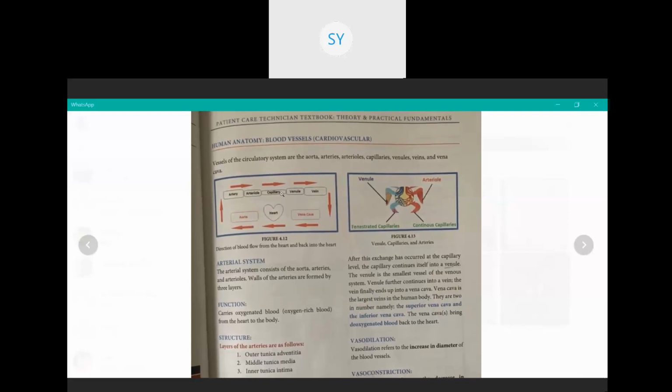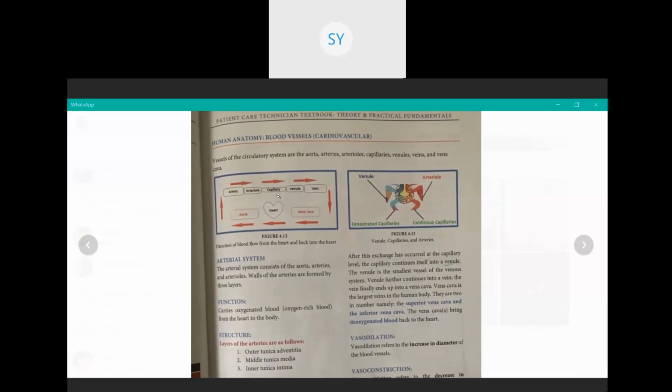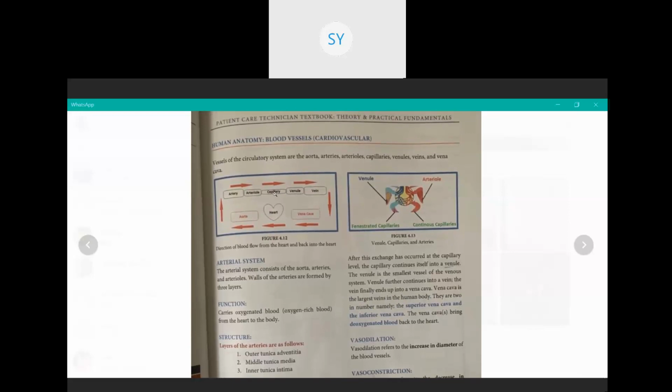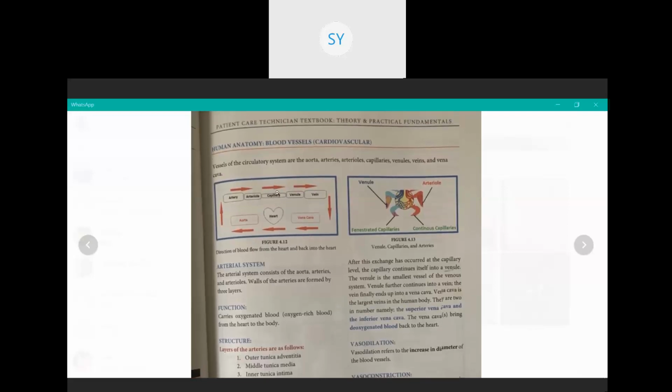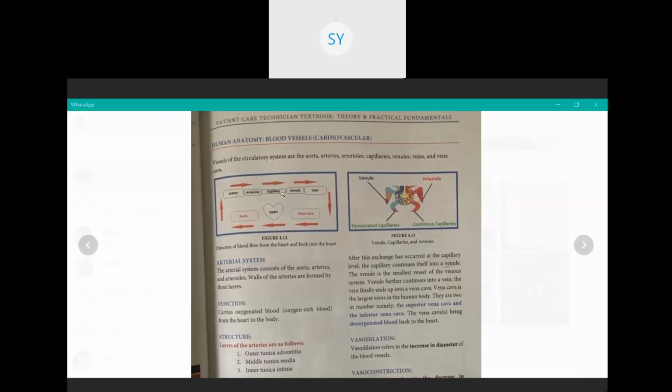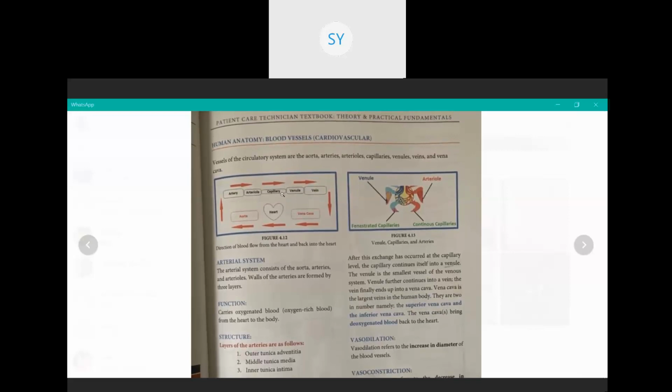In capillaries, see here the capillary portion, remember capillaries. Now the deoxygenated blood is going to start from here, which is carried by the vein. So the capillary will be the smallest thing of the artery and vein also.